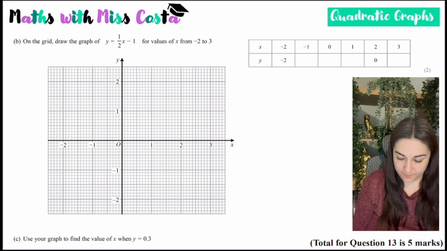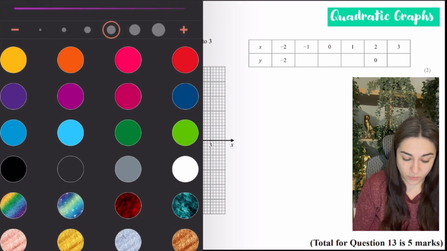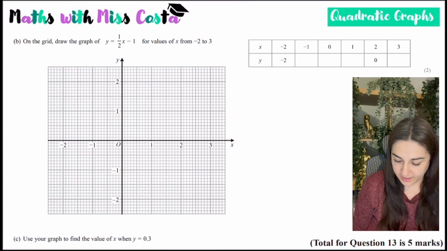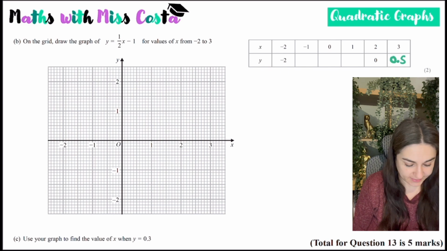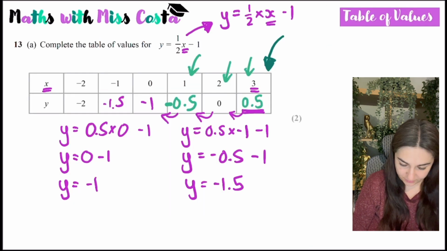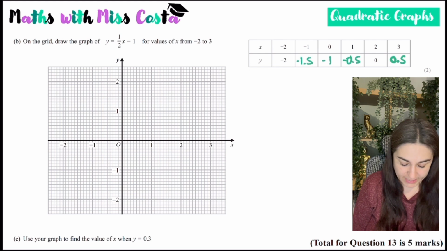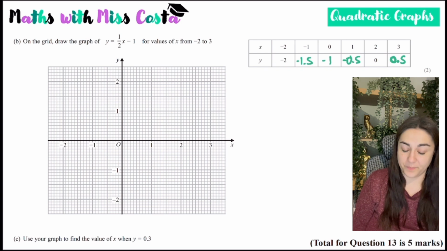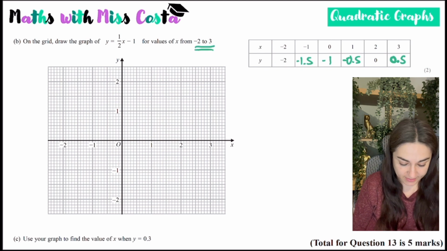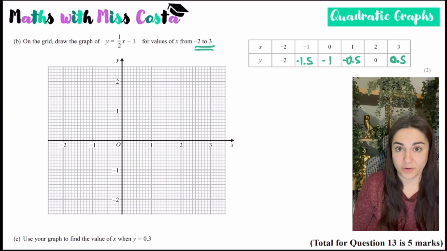So over here, I'm being asked to draw this, so let's just fill it in. So it was, what was it? 0.5, 0, minus 0.5, minus 1, minus 1.5. And I want to plot that from -2 to 3. So I always go along the corridor and up the stairs.